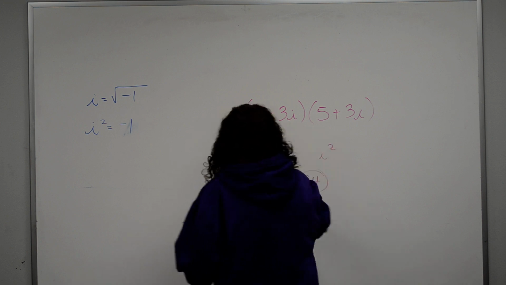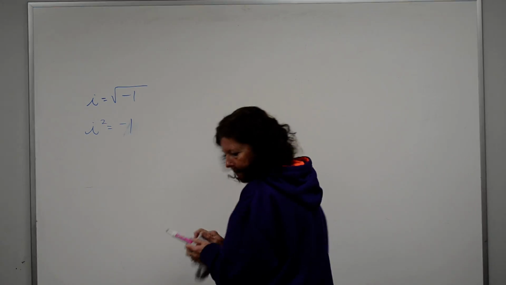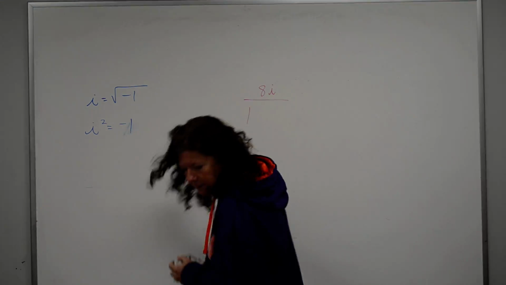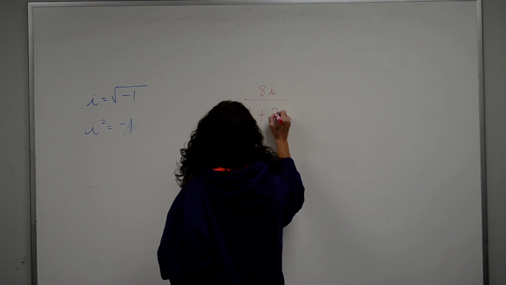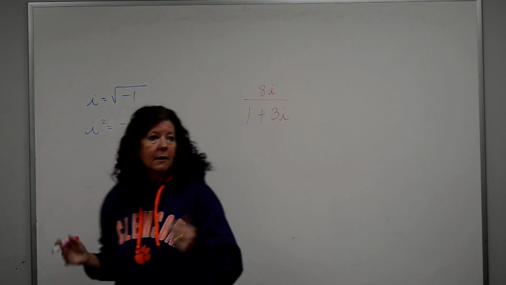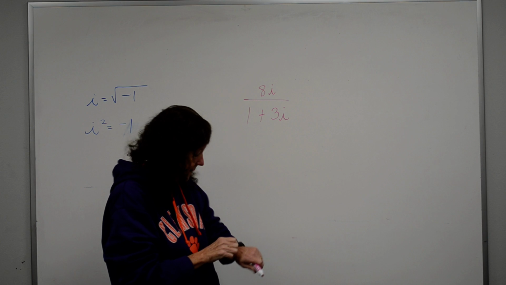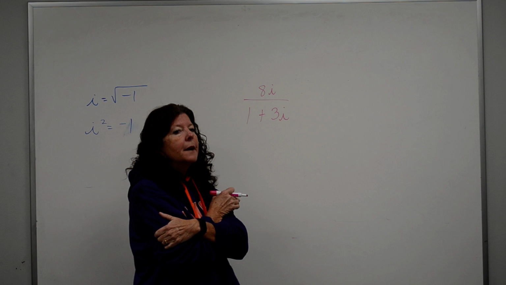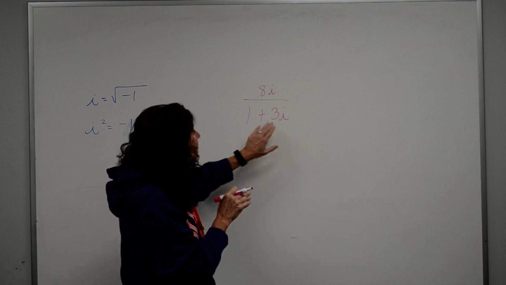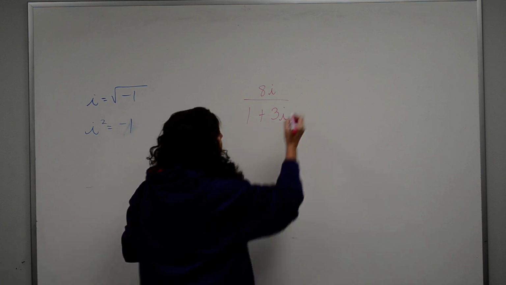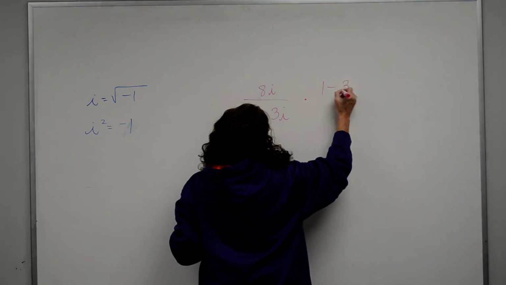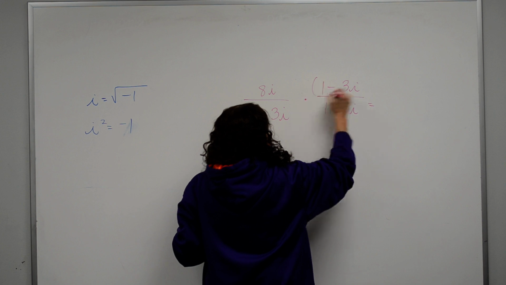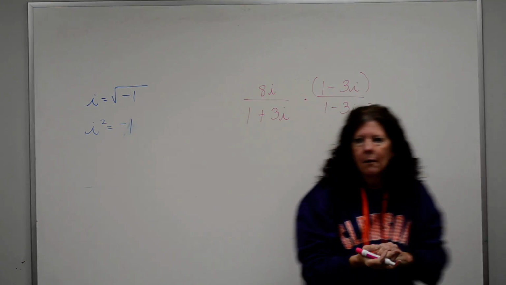For instance, okay, I'm breaking math law. I cannot have that i in the bottom. What do you think I'm gonna multiply this by to get rid of that i? 1 minus 3i. I'm gonna multiply it by the conjugate of it, okay? So top and bottom, 1 minus 3i, 1 minus 3i. Okay, this top is gonna be distributive property, okay?